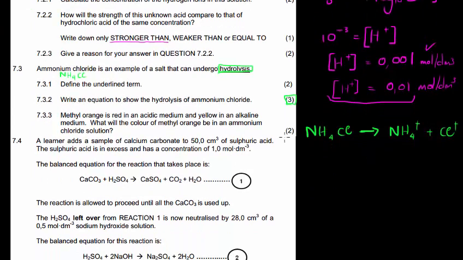Okay, the next thing, however, is they ask us now if methyl orange is red in acidic, yellow in an alkaline medium, what will the color be of methyl orange? So we need to know what acid and what base produces this salt? Because remember our little table, weak acid, strong acid, weak base, strong base.